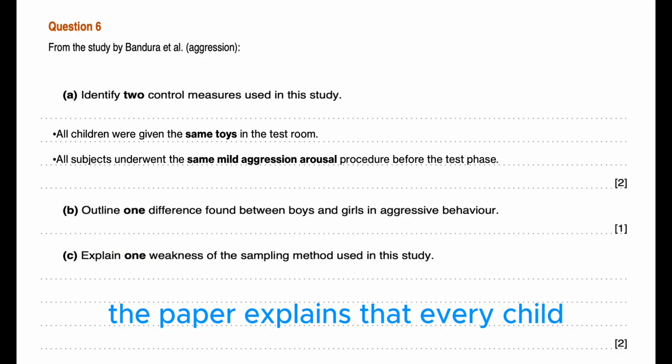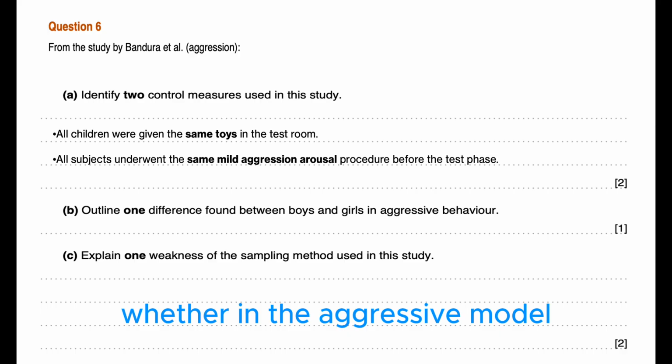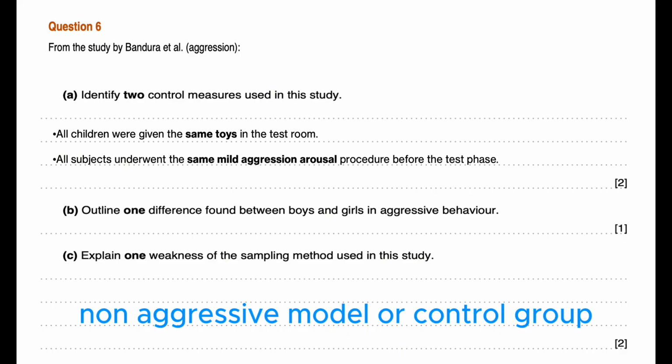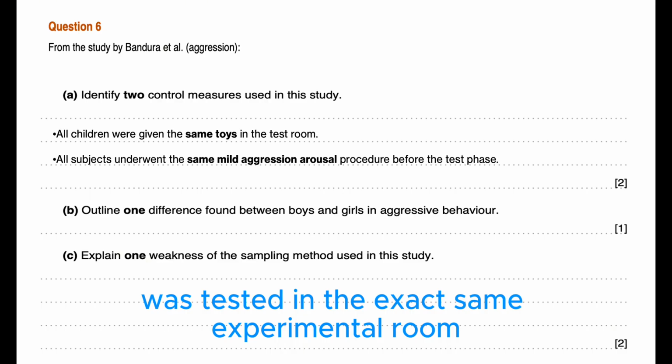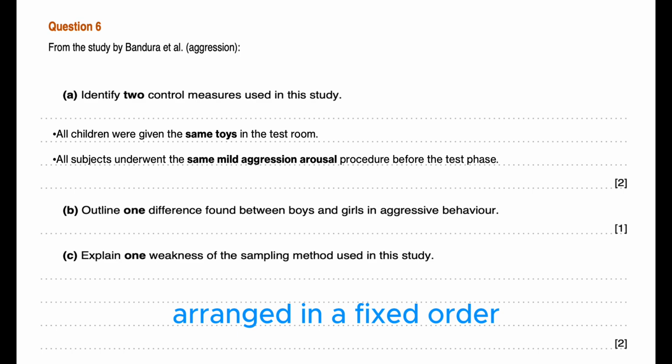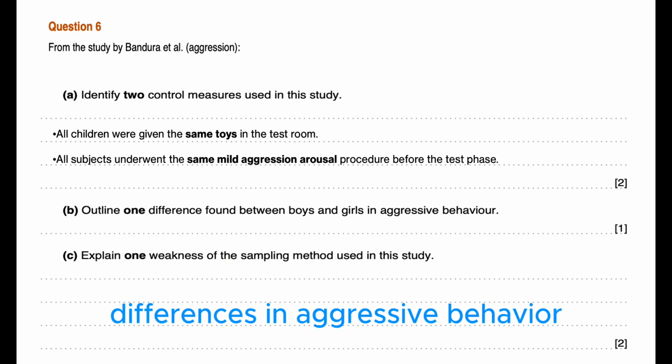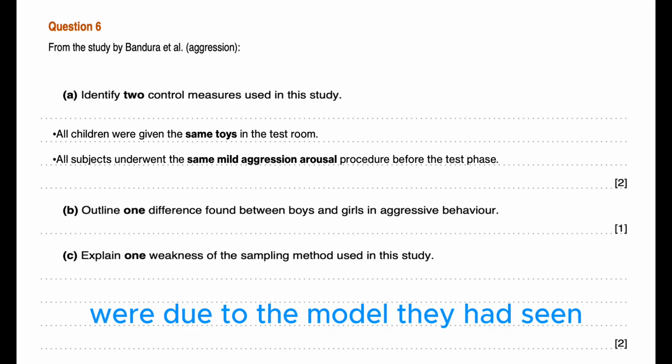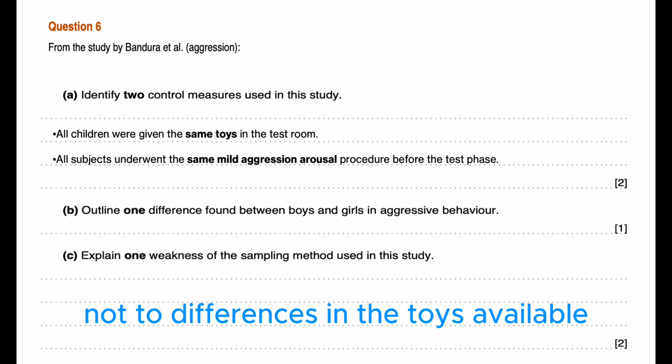The paper explains that every child, whether in the aggressive model, non-aggressive model, or control group, was tested in the exact same experimental room with the identical set of toys arranged in a fixed order. This ensured that any differences in aggressive behavior were due to the model they had seen, not to differences in the toys available.